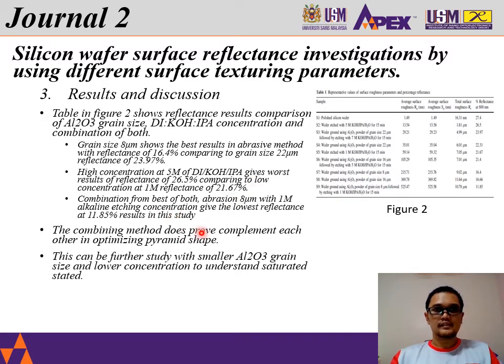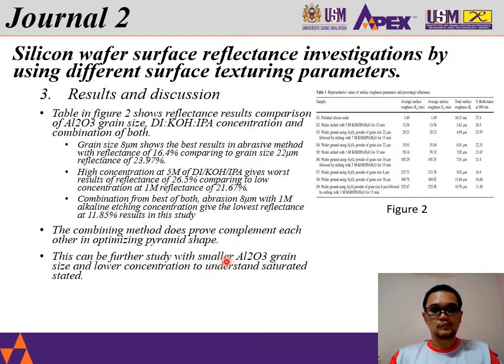The next observation is that the combination of both wet abrasion as well as the alkaline etching gives the best results compared to both techniques, with the lowest reflectance at 11.85%.